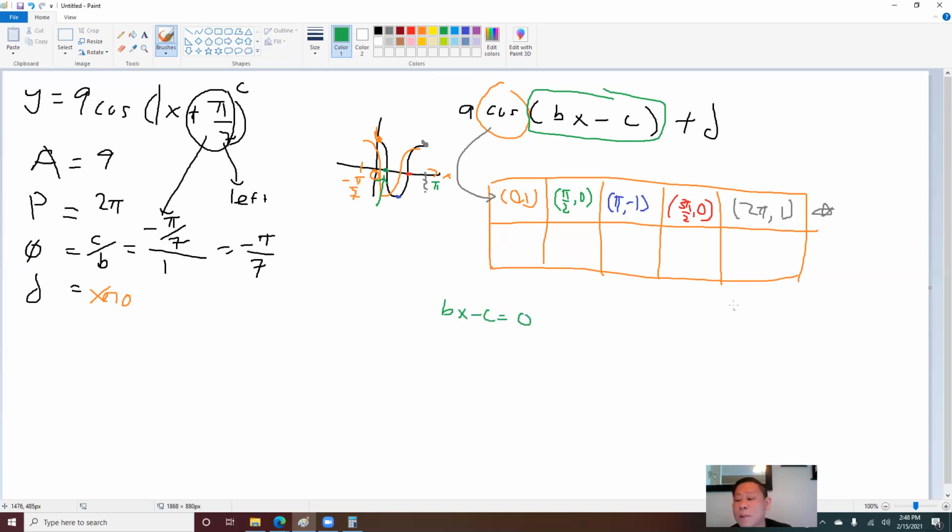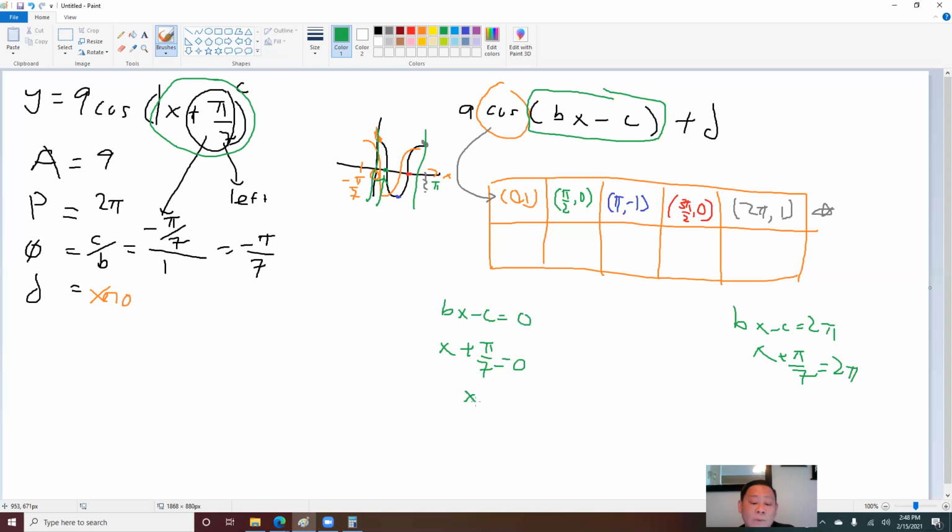The reason we make it 0 and 2 pi is because that is your beginning and your ending. So if you look at your equation, you have to take x plus pi over 7 equals 0, and x plus pi over 7 equals 2 pi. And you have to solve for x here.